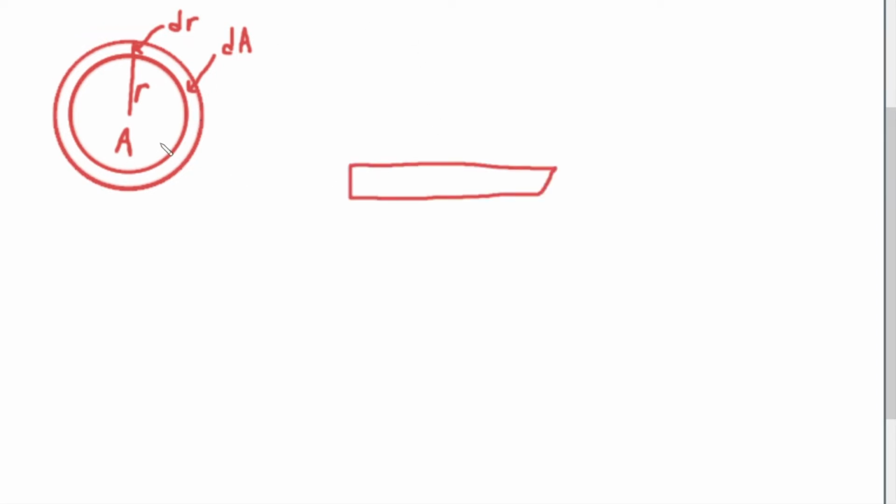To find the area of the ring, we can unroll it so it becomes a trapezoid. This side is the inner circle rolled out, so it will have a length of 2 pi times r, because the circumference of the inner circle is 2 pi times r. The top side is the outer circle rolled out, so it will have a length of 2 pi times (r plus dr).